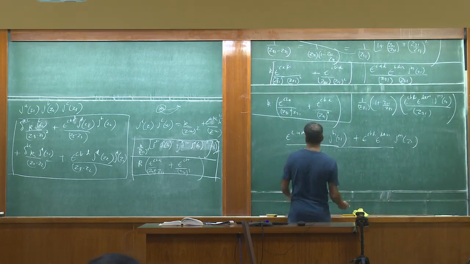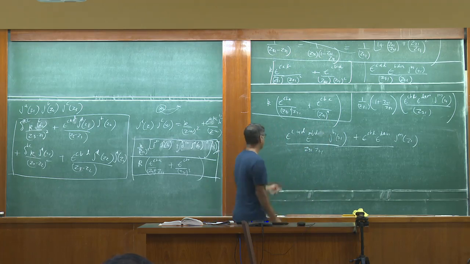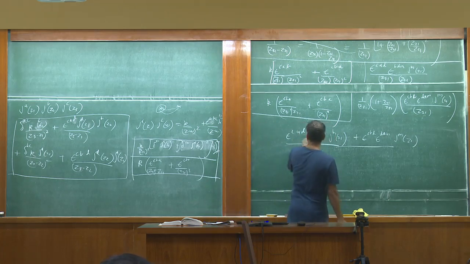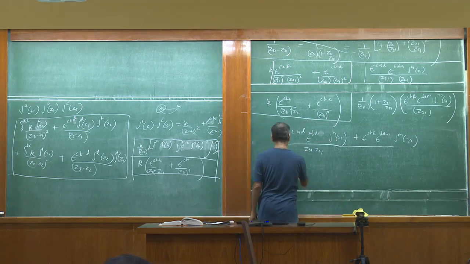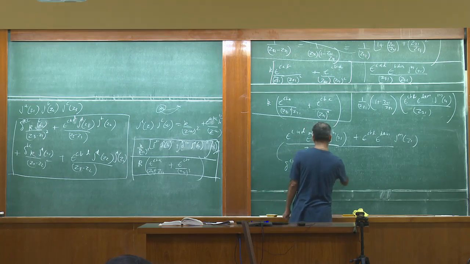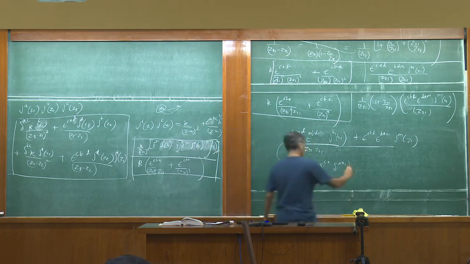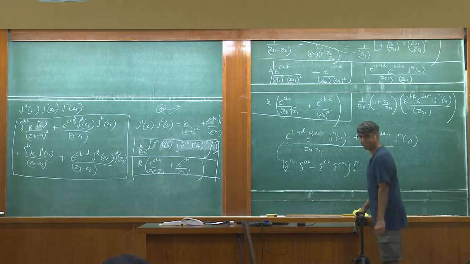Since they've got a contracted index. So let's move this guy cyclically. So this is the same as epsilon MBD. Now these D's are contracted, so this thing is delta CM delta AB minus delta CB delta AM.